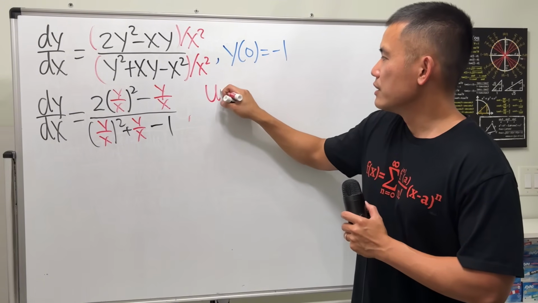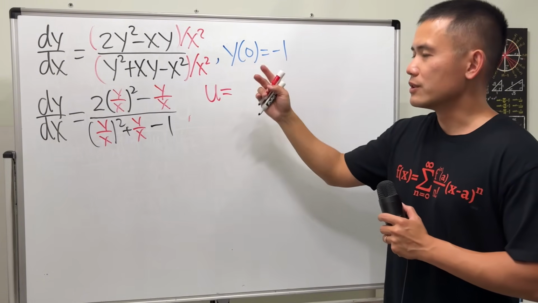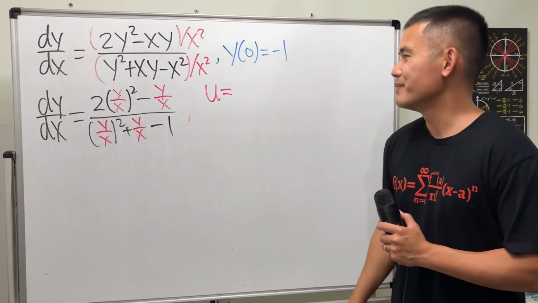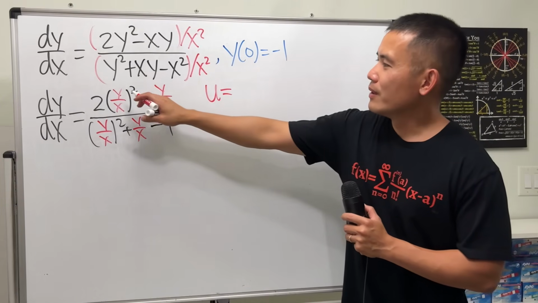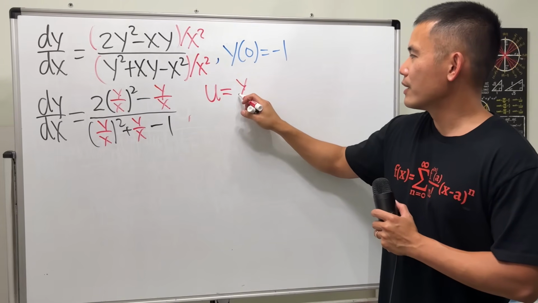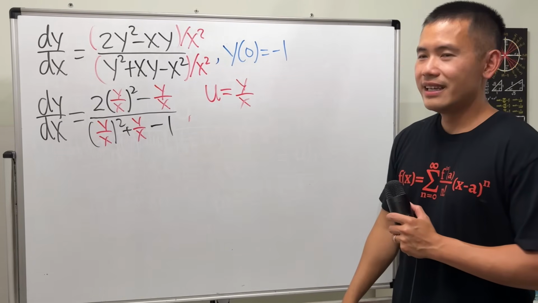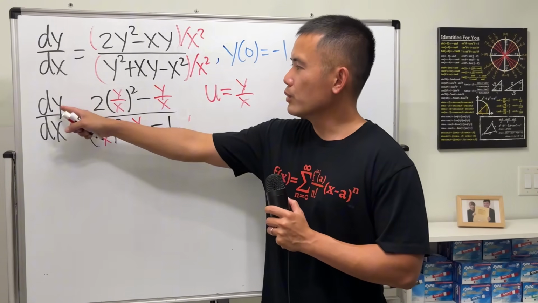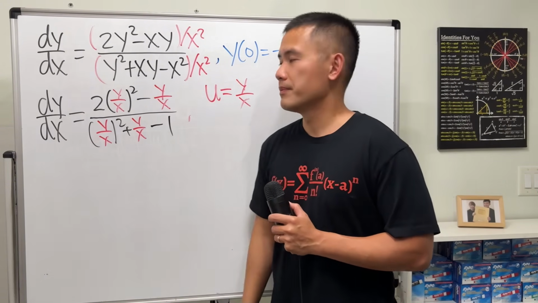Now have a look. The substitution is we can let u, or you can use v or t, it doesn't matter, u equal the input, which is y over x. And then you do the usual business. If you let u equal this, notice we have dy dx.